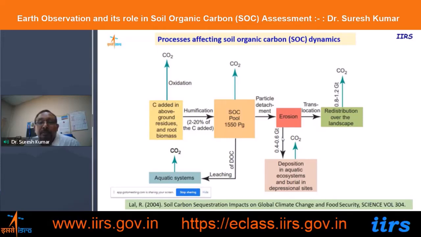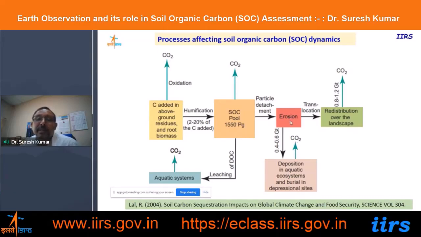Through erosion, a lot of soil and carbon get removed from the topsoils and deposited into the river system or lake, the aquatic ecosystem. By this process, nearly 0.5 gigatons of carbon is exposed and released to the atmosphere as carbon dioxide.